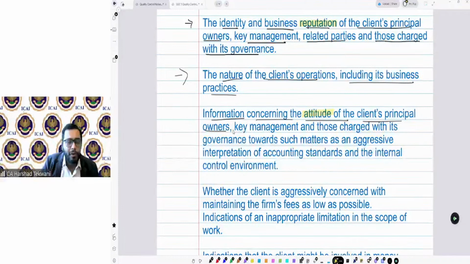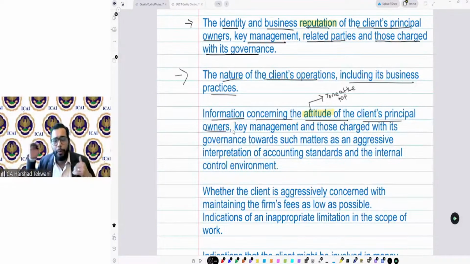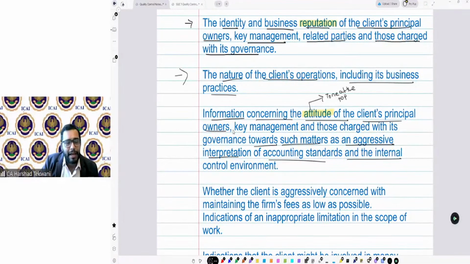Or when I say attitude, you can say kind of a tone at the top. What is the tone at the top of the management towards such matters as an aggressive interpretation of the accounting standards and the internal control environment? Means how they are implementing the policies, procedures, how much they are aggressive. Aggressive in the sense, how forcefully they are adopting or implementing things within the organization.